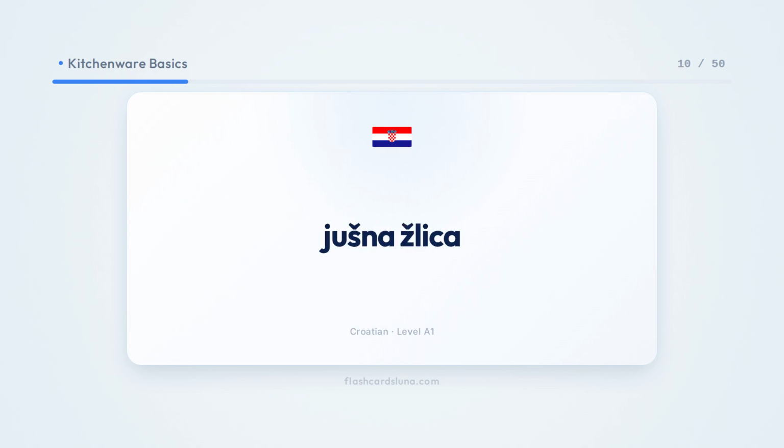Južna žlica. A tablespoon. Nož. A knife. Nož za maslac. A butter knife.